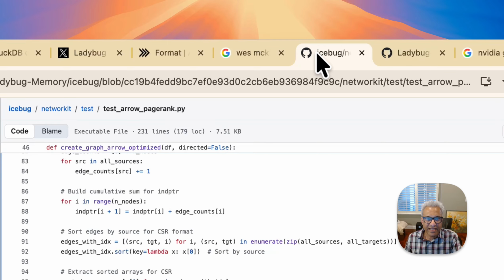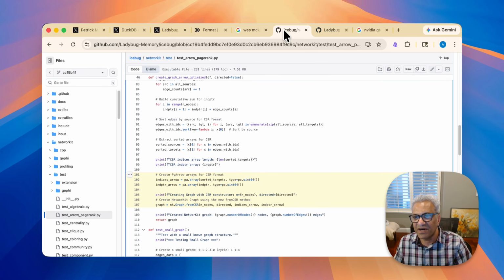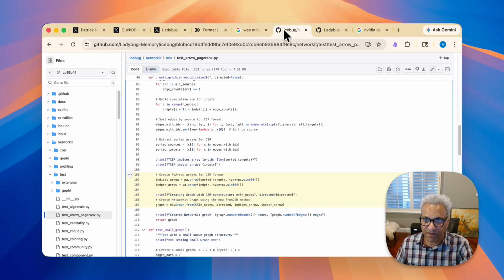However, in the area of graphs, there is no standard that says, okay, this is how graphs should be stored in columnar memory. And that is where the Icebug memory format comes in.